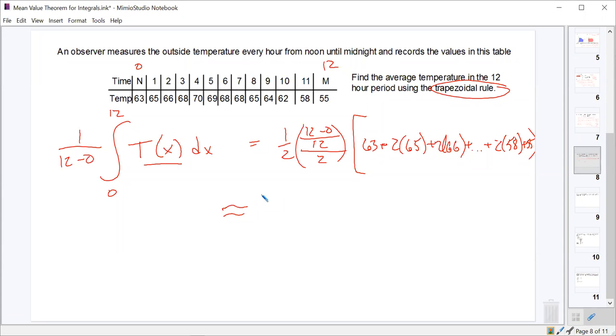Wait, I'm confused on where the 1/2 came from in front. Oh, sorry, that's not a 1/2, that's a 1/12. Sorry, I just missed my 1 on the 1/12. Okay, thank you. I don't know how I missed that 1, but apparently I did.